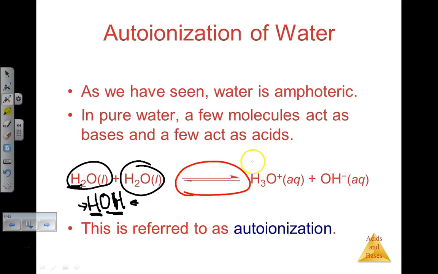But what we have is the formation of the hydronium ion, the thing that gives us the pH, and the hydroxide ion. And those are in equilibrium. There's an equilibrium between the hydronium ion and the hydroxide ion with the starting material.